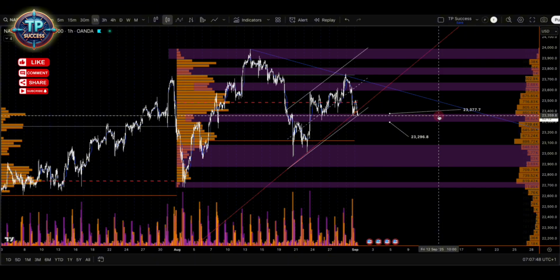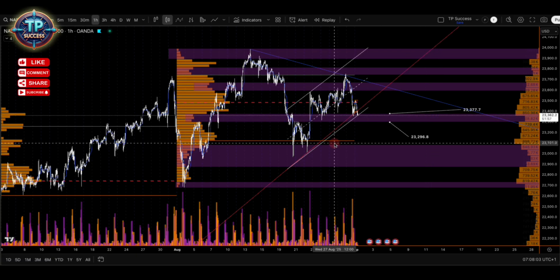If price does that, fair play, it plans on pushing to the upside, and we just gotta make sure that we're in position to get that should it decide that that is what it wants to do.